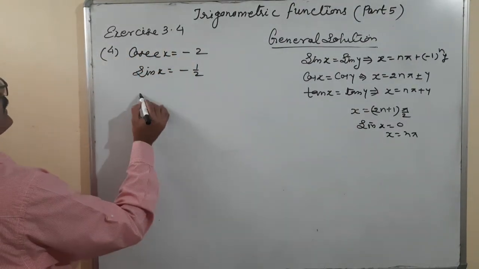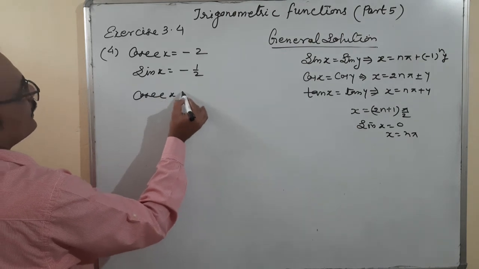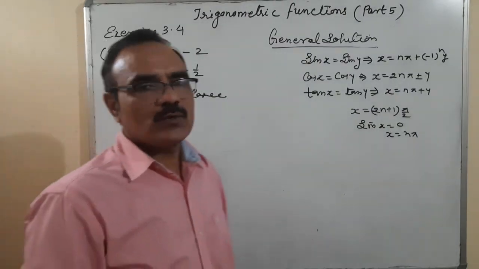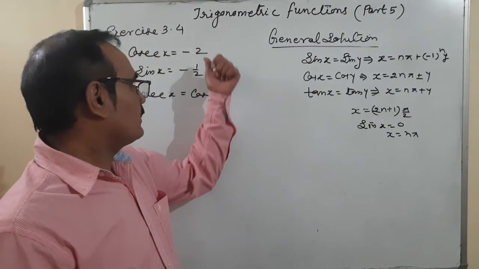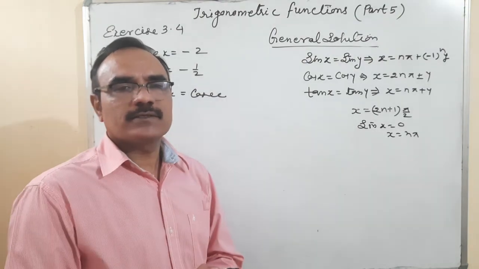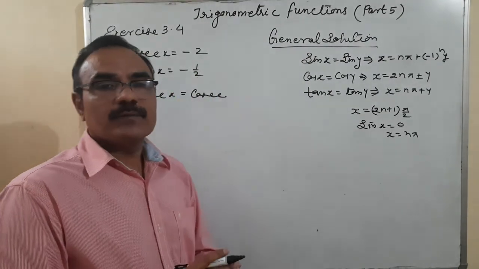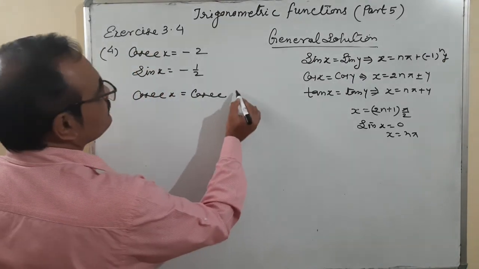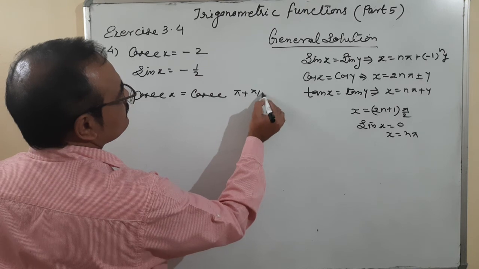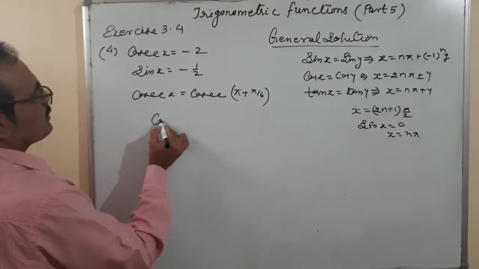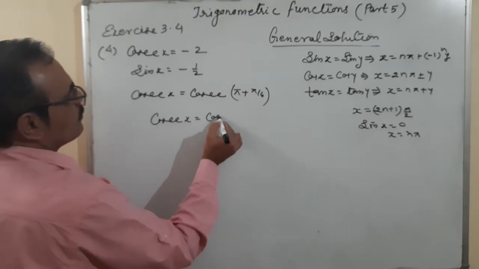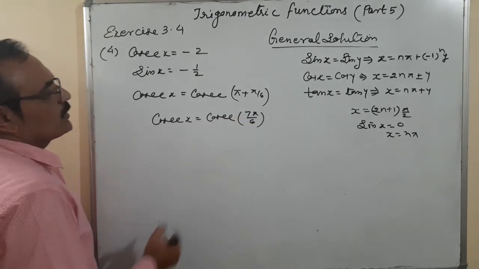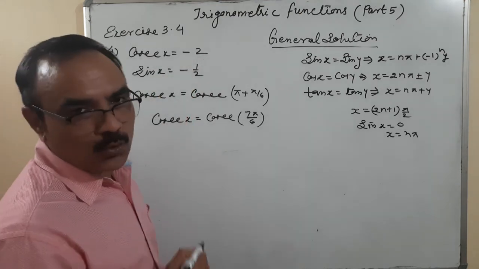So I write here cosec x is equal to cosec. Let us discuss the third quadrant where it is 180 plus. This is pi by 6, so pi plus pi by 6. Cosec x is equal to cosec 7 pi by 6. That is one value which is equal to minus 2 in the third quadrant.